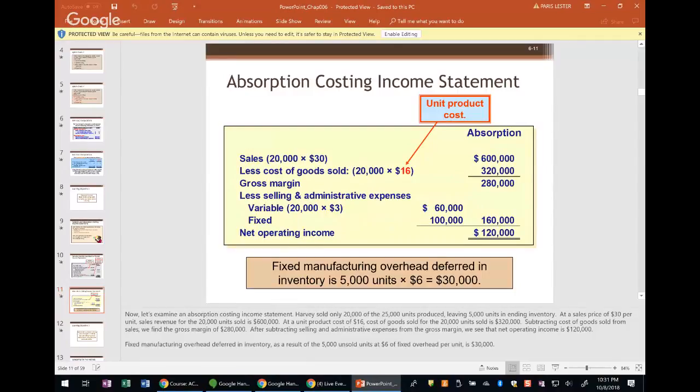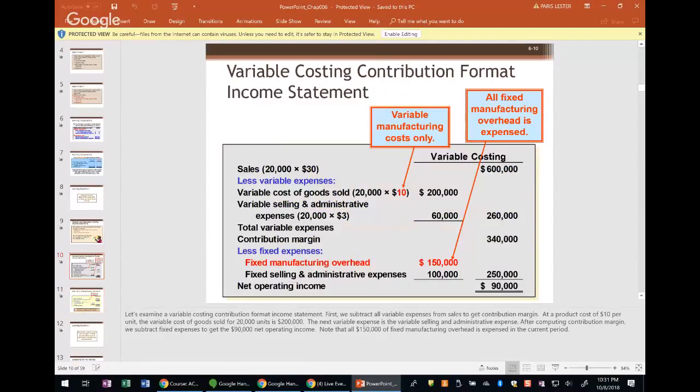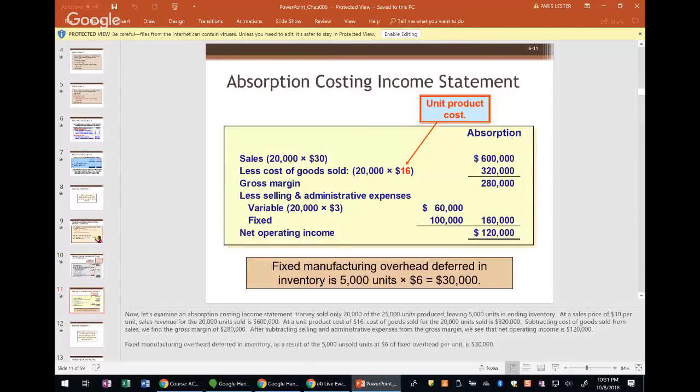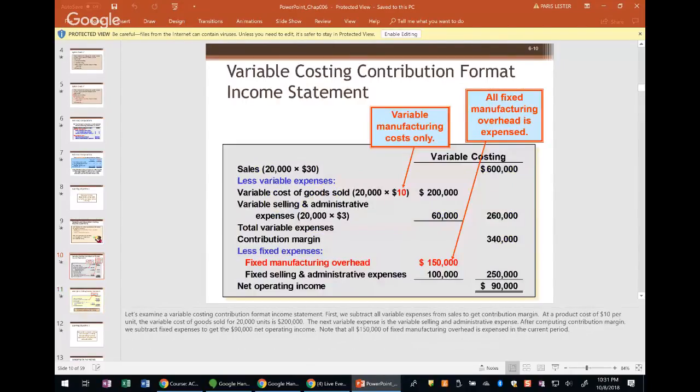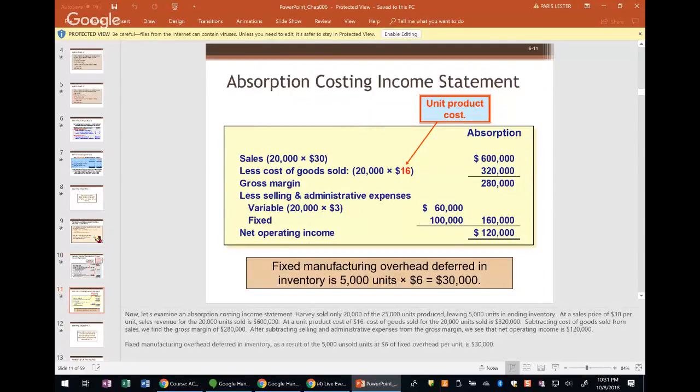Now, if we look at those income statements, what is your net operating income right here? 90. All right, are the sales the same on these two? What's the net operating income here? 120. There's a 30,000 difference in there. And that's fixed factory overhead deferred.